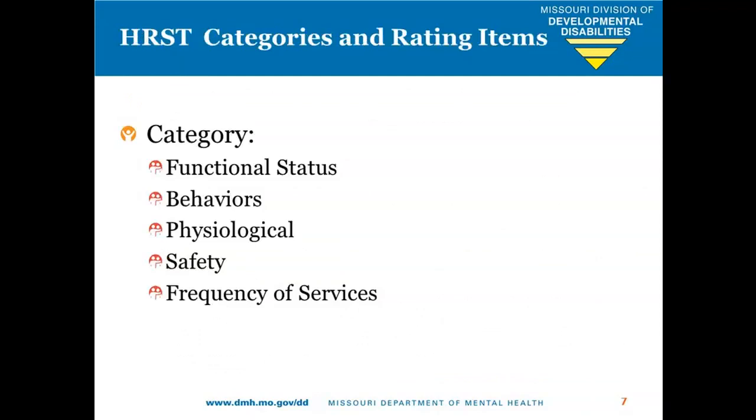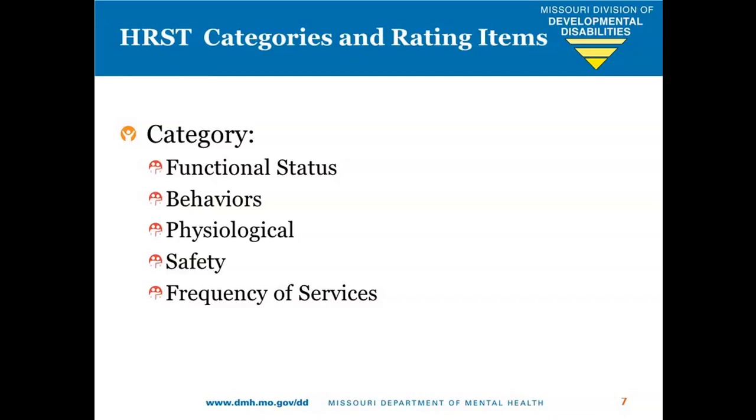There are 5 categories on the screen itself. Under functional status, it talks about eating, ambulating or walking, transferring, which means moving from a bed to a wheelchair or to the toilet, things of that nature. It asks questions about what kind of support the person might need there.